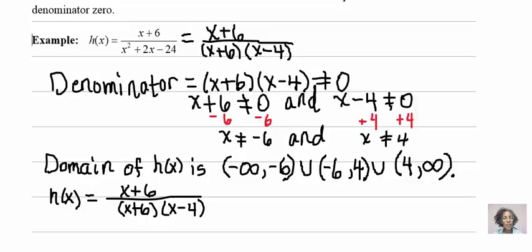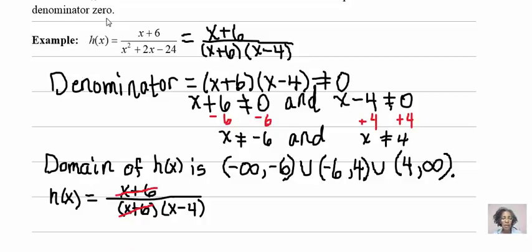You probably had the undesirable urge to do something like this. What I want to remind you about is the fact that most people say we're canceling out the x plus 6.